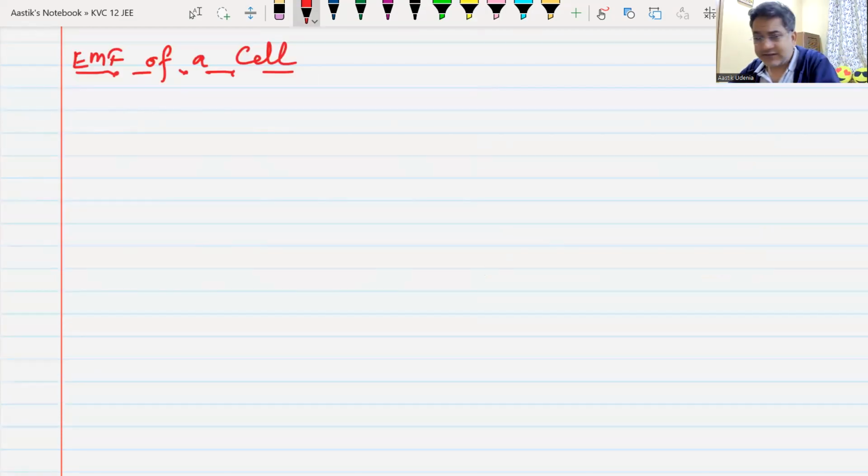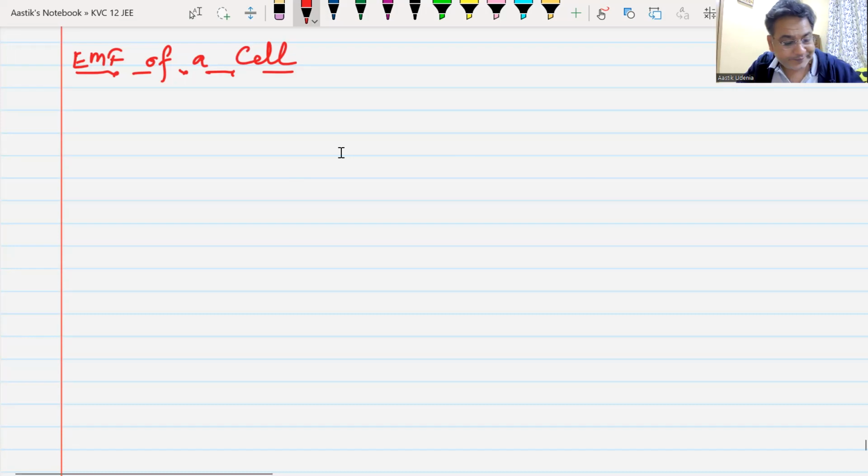EMF of a battery or a cell, we have already seen this. I will go through it very quickly. If you want to note it down again, you can note down the things that we have done. If you don't want, we'll just quickly go through this.